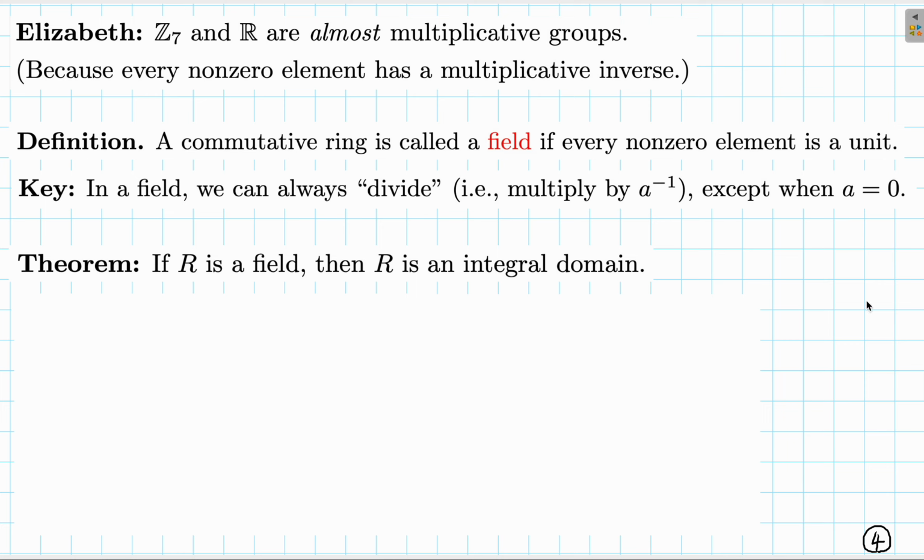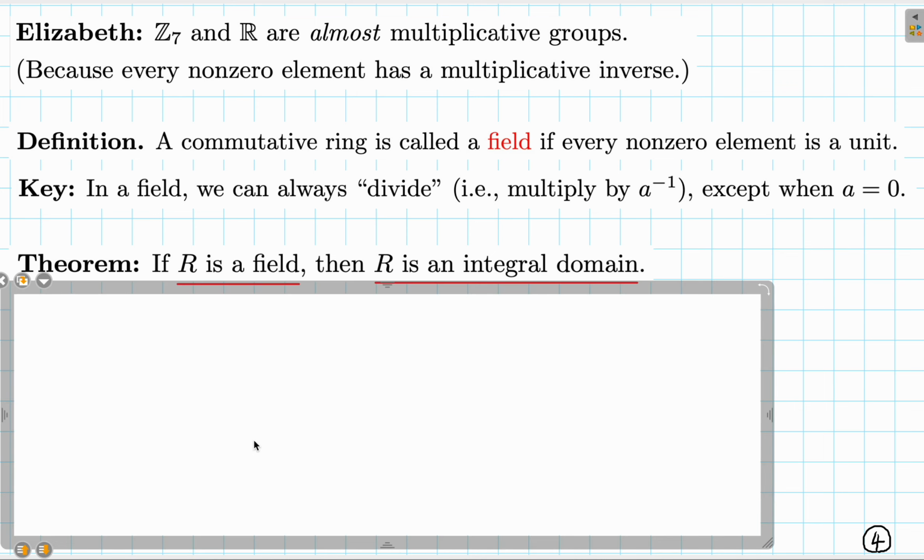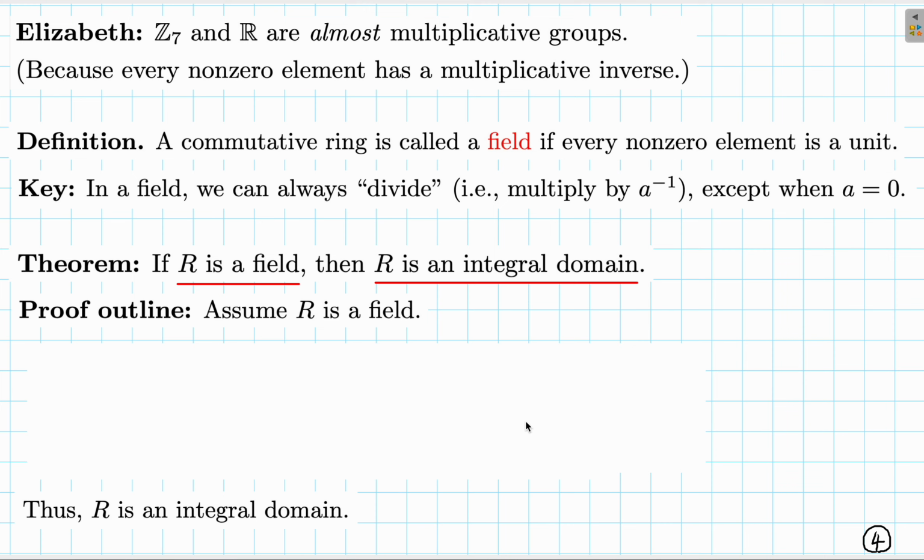So let's think about the proof of this theorem. And as usual, we'll start by identifying the hypothesis and the conclusion. And we'll give a proof outline for this theorem. So we know the first and the last steps. We'll begin by assuming that R is a field, and we'll conclude at the end that R is an integral domain.